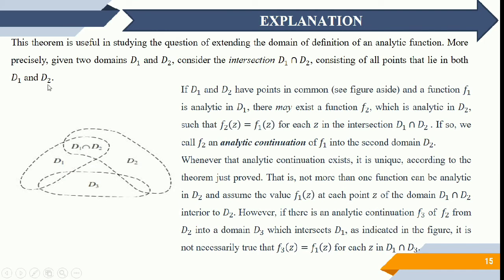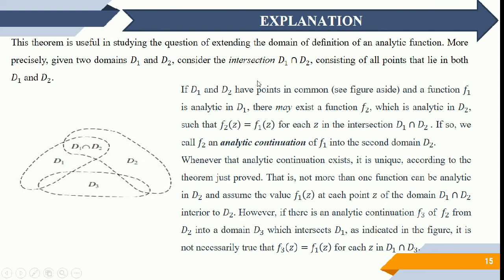So the theorem is useful in studying the questions of extending the domain of definition of an analytic function. More precisely, given two domains D1 and D2, consider the intersection of D1 and D2. This is the intersection, consisting of all points that lie in both D1 and D2.